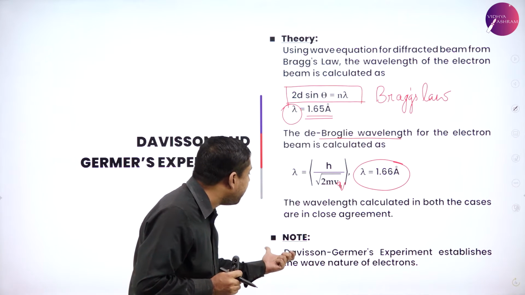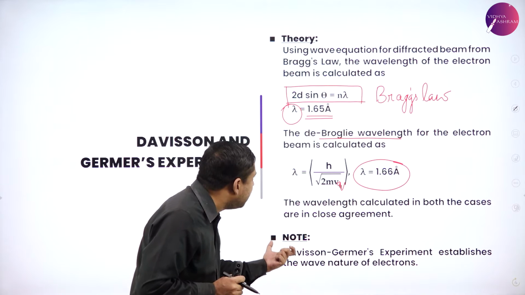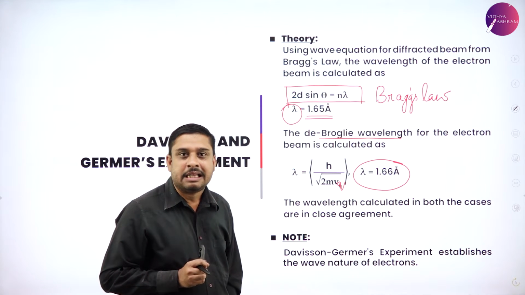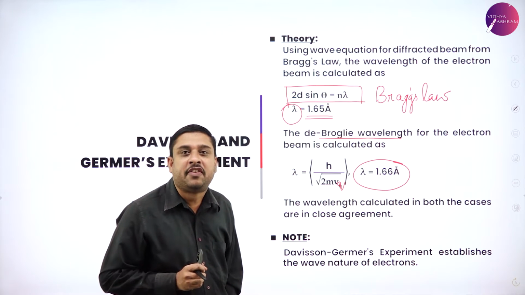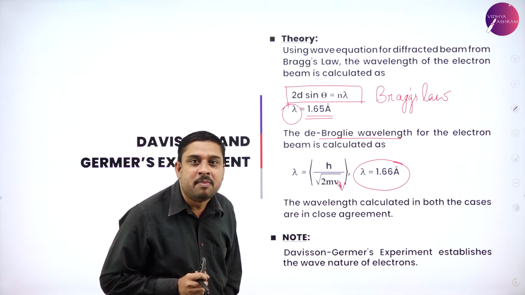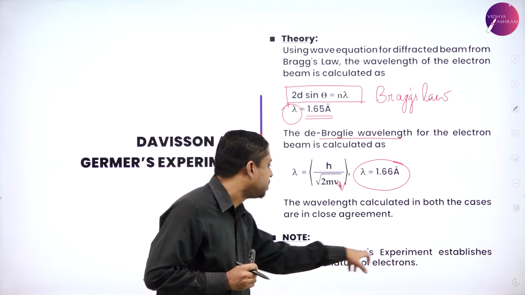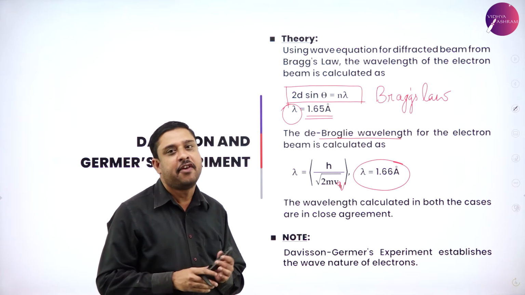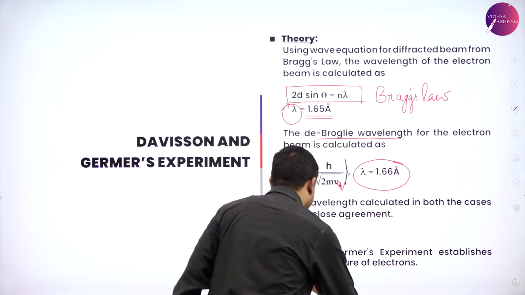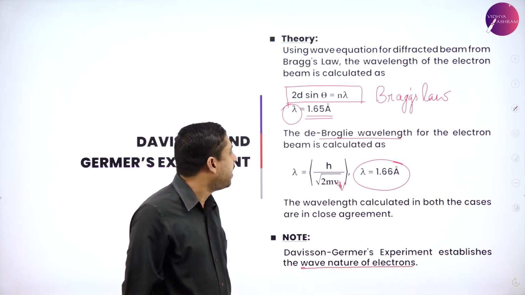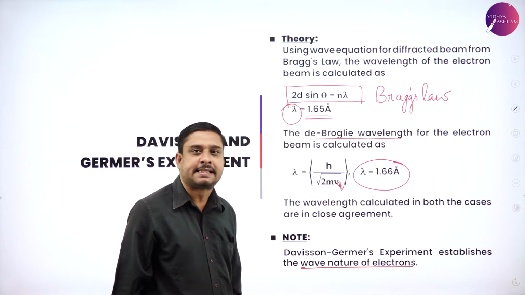So, the inference, the outcome of Davisson-Germer's experiment is that it established the wave nature of electrons. So very clearly, the wave nature of electrons is established.